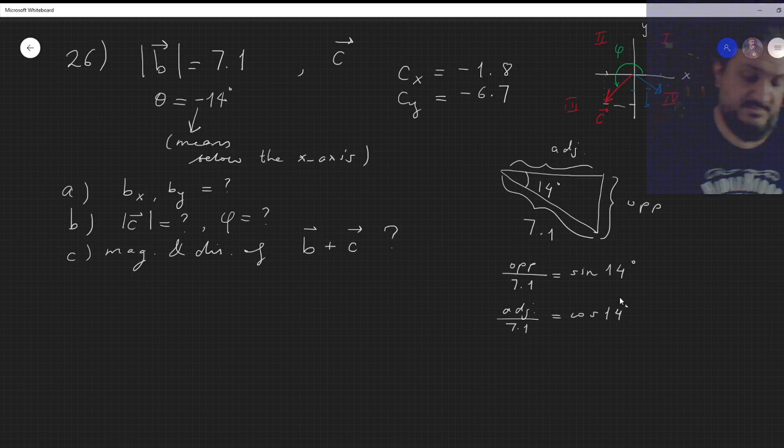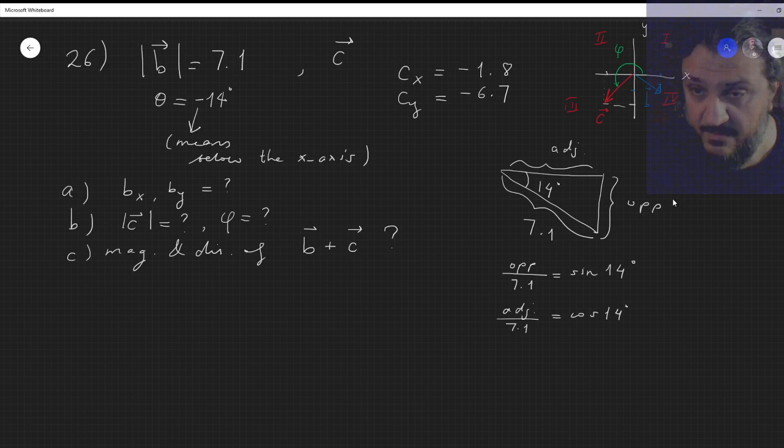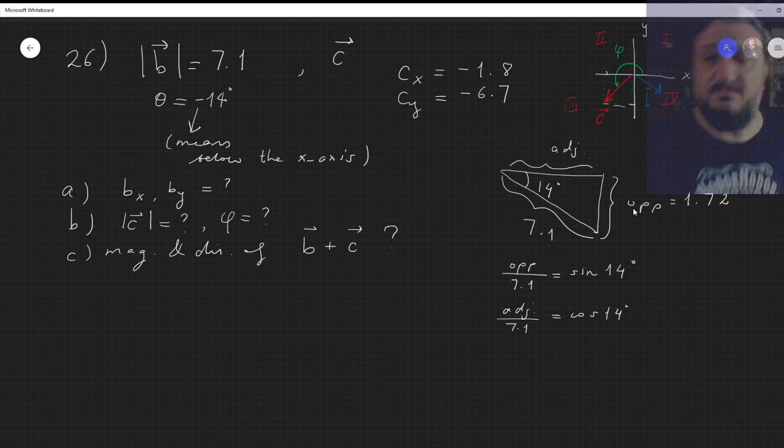Let's do that. 7.1 sine 14 is 1.72. Although the magnitude is given in two significant figures, I'm not done with my calculations yet, so it's okay to keep three significant figures, and when you're done, you can reduce it to two.